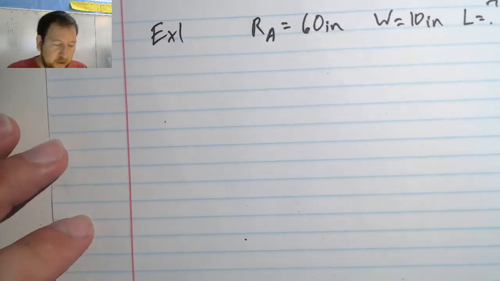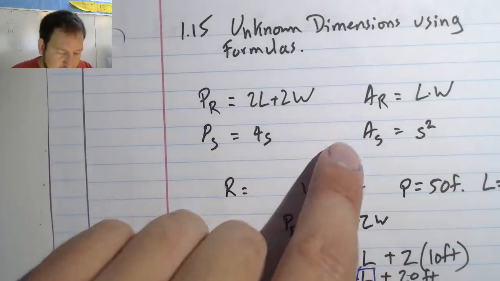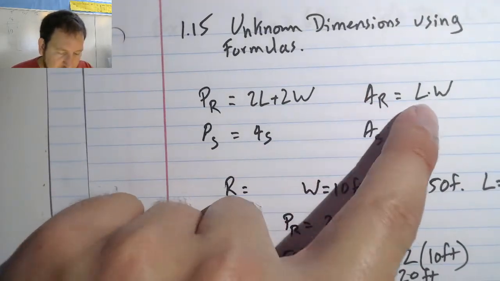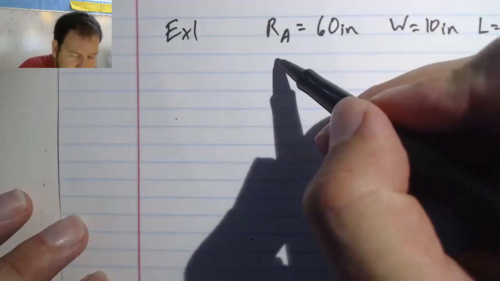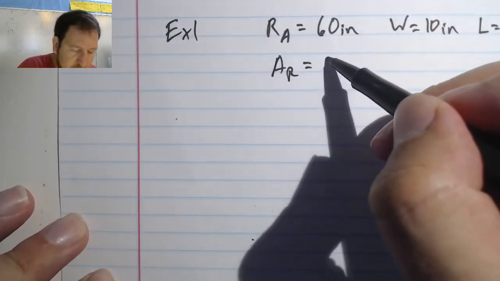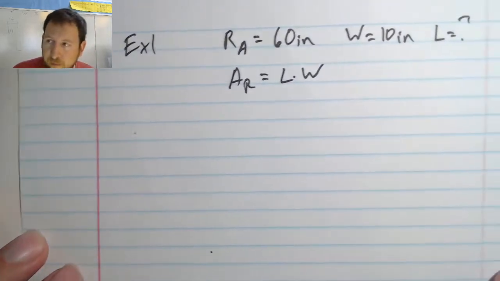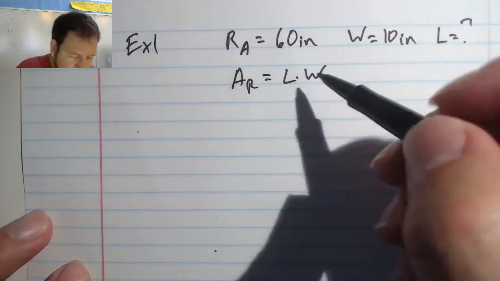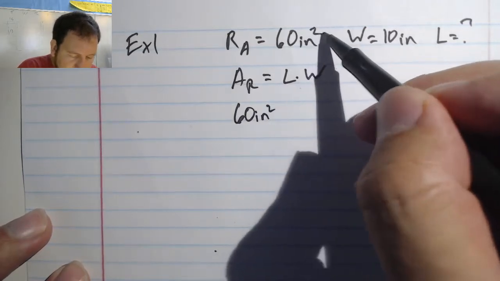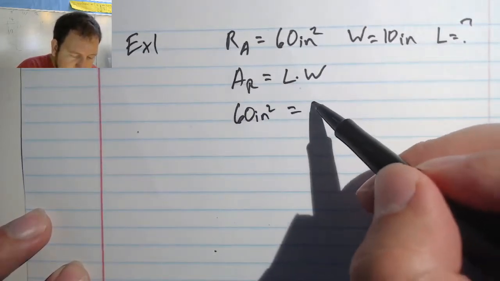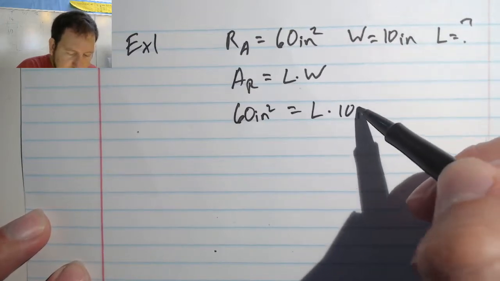So again, this time we're going to need to take our rectangle area. Area of a rectangle equals length times width. I know I have 60 inches squared equals L times 10 inches.